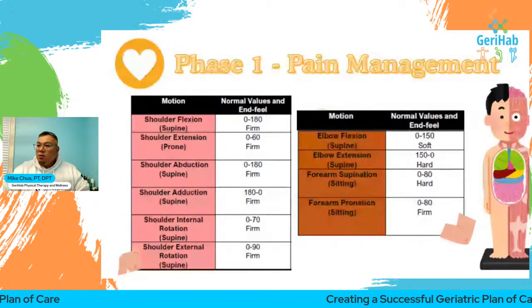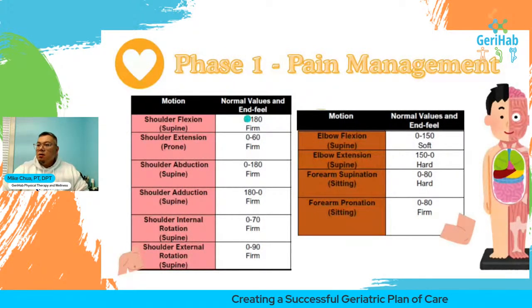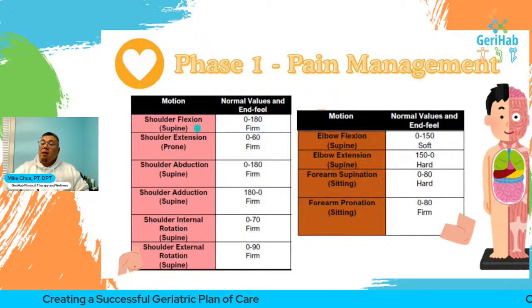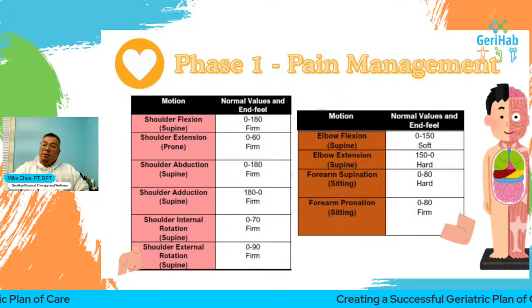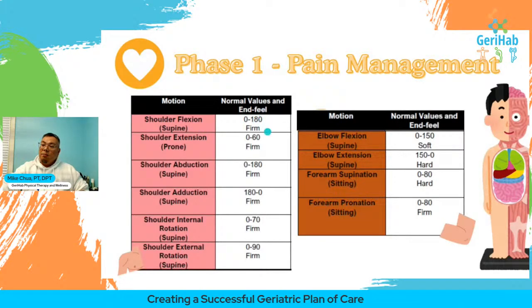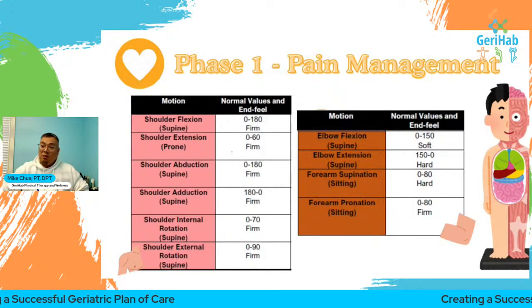There you go. So shoulder flexion in supine. Again, in supine, your scapula, your shoulder blade, is stabilized. So your range of motion is 180 and firm. Shoulder extension in prone, 0 to 60. I doubt people are going to have 0 to 60 range of motion.